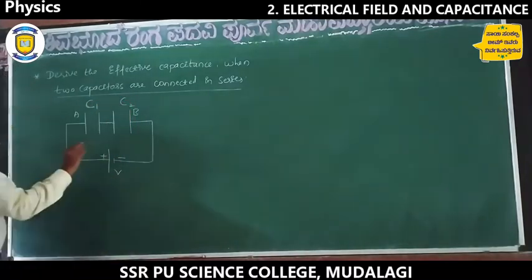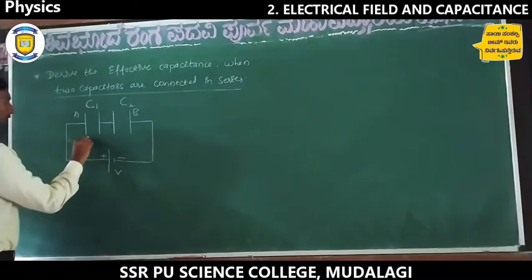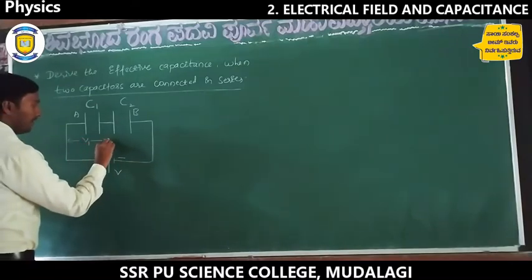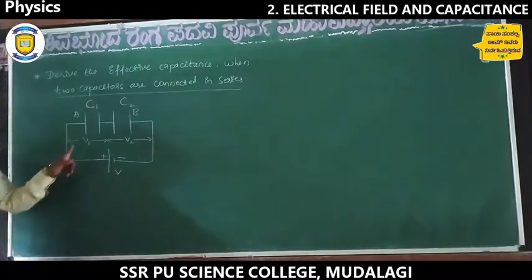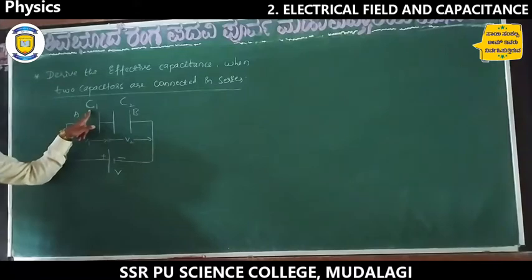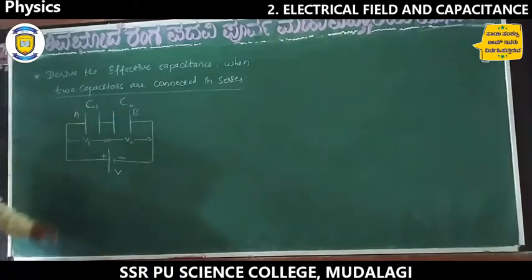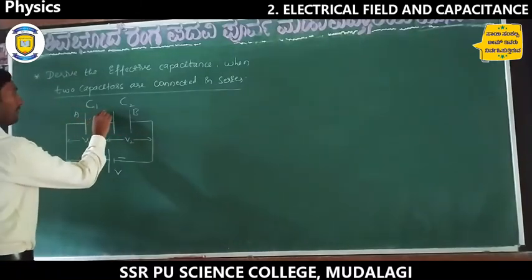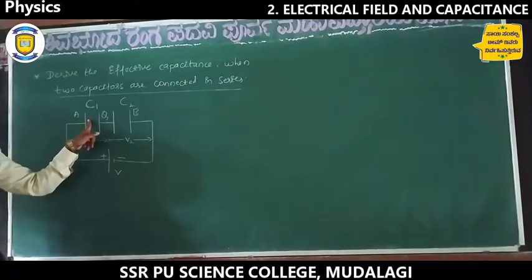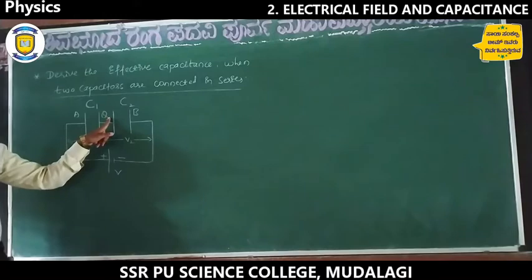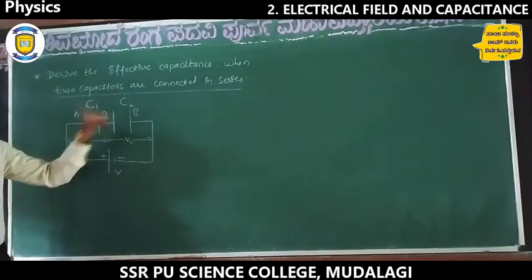In series combination, you already know the potential difference is different. So V1 and V2 are the potential differences across C1 and C2. Next, the same charge Q is stored in each of the capacitors. The Q is same for C1 and C2.